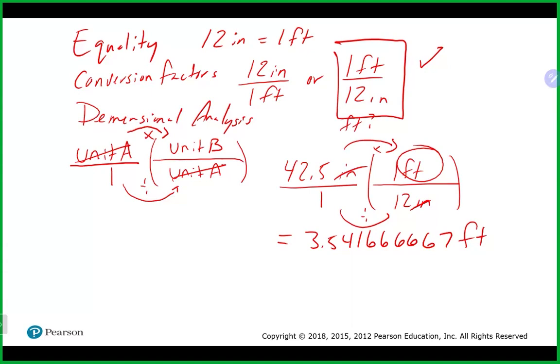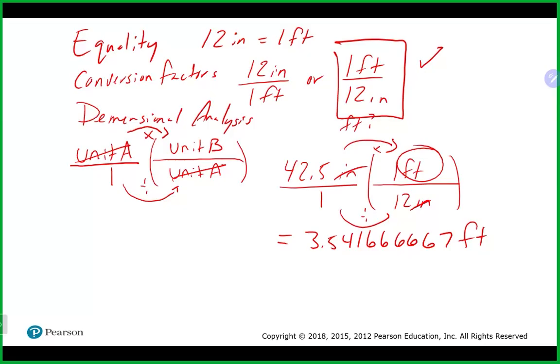Remember that when we use conversion factors, for the most part, a lot of them are considered exact numbers. And the idea with exact numbers is they could have an unlimited number of significant figures. So when we come across something that's considered an exact number, we do not worry about it in terms of the answer and how many significant figures our answer should have.